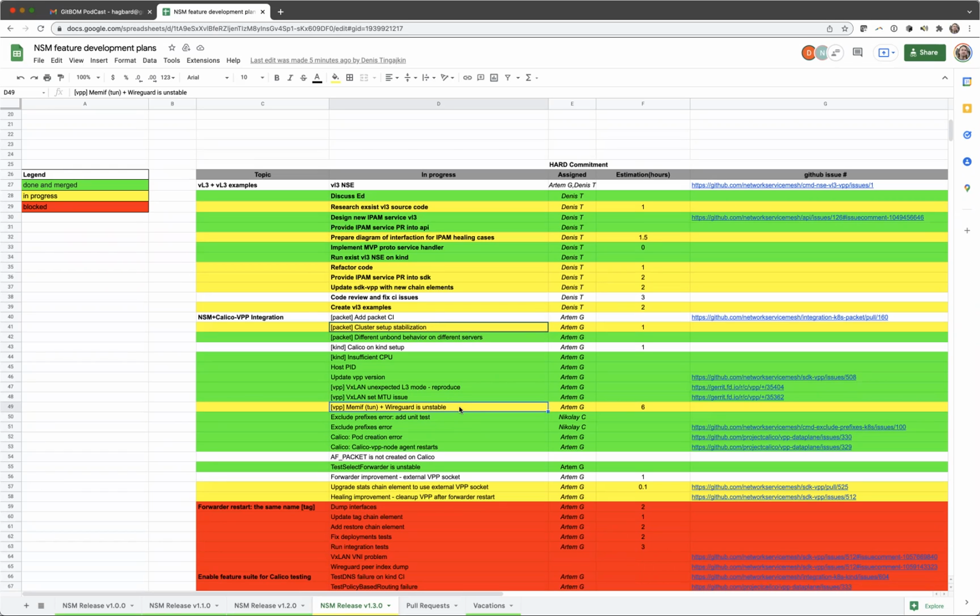There is something wrong with L3 cross connect, I think, but I saw it only one or a couple of times, and I think we need to take a look at this on CI. Probably we will collect more logs and more information about this problem.